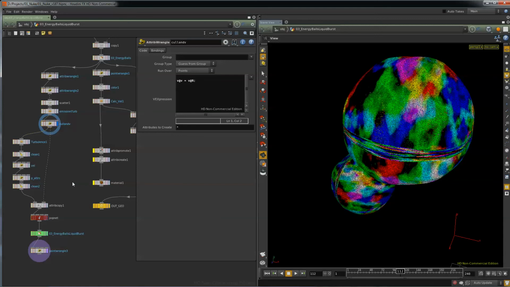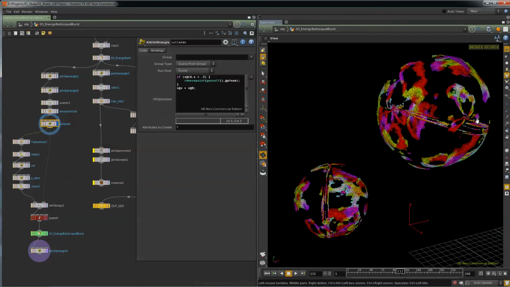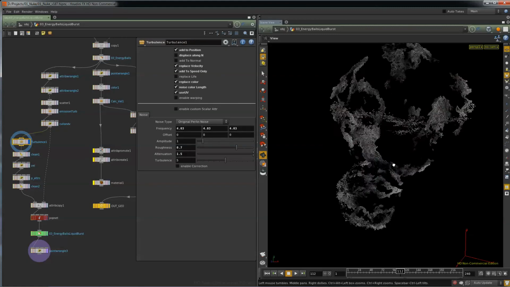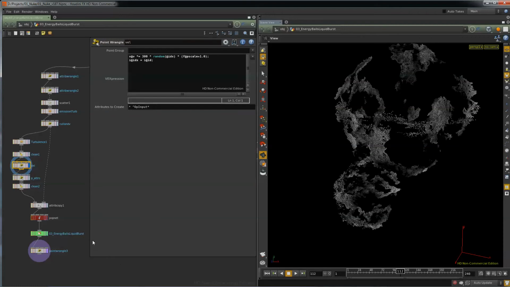And that gives me sort of a noisy burst. I put turbulence on it again, and I multiply that black and white value into the life. Yeah, I do.